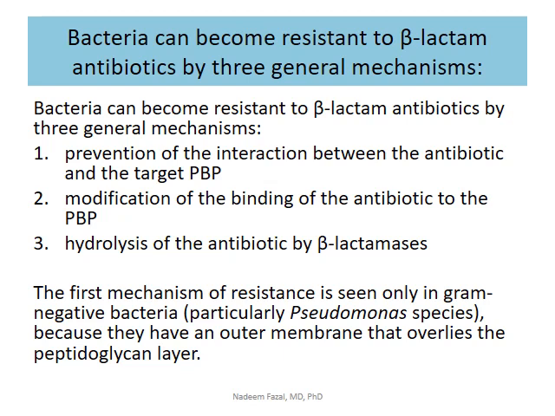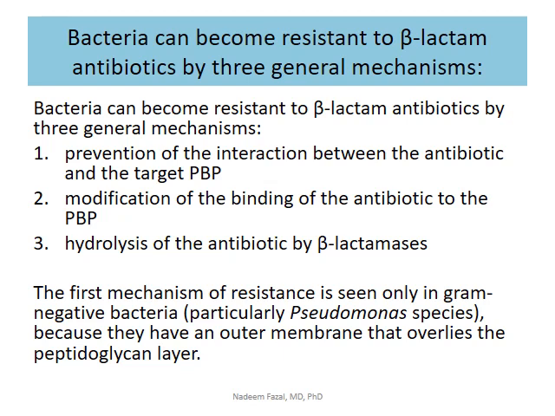That binding has to take place in a specific way to initiate cell killing, so they can modify that. If that's modified, the action will not be correct. And the third thing is hydrolysis of the antibiotic by beta-lactamases. That was simple. The moment you give that antibiotic, those specific lactamase enzymes hydrolyze it. So these are the three general mechanisms that you normally see.